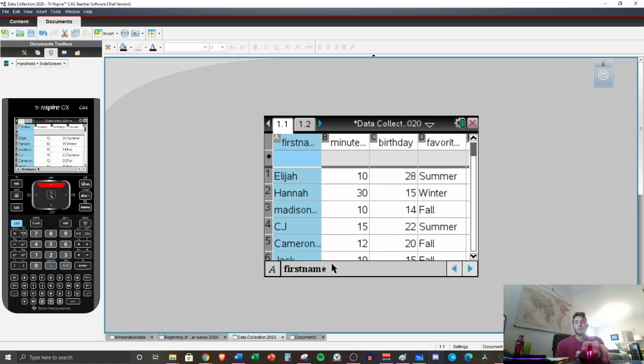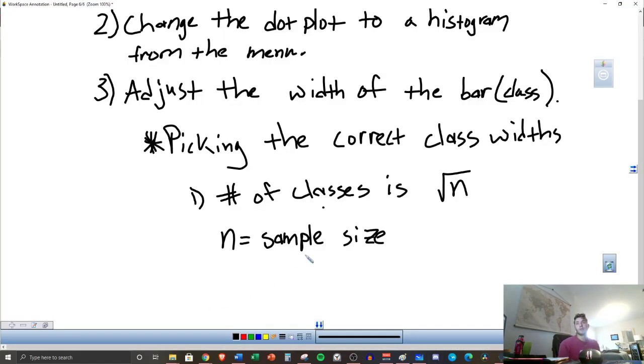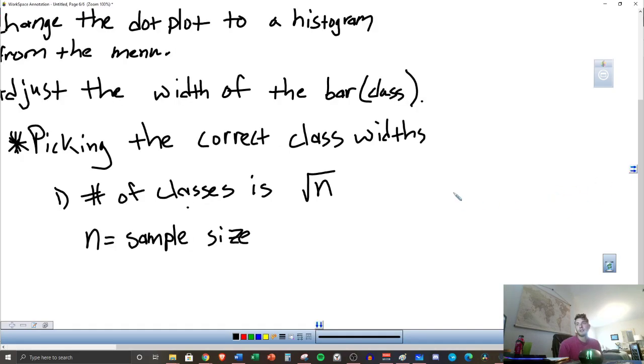Okay, so going back to our example, n equals 35, so we take the square root of that. What is the square root of 35? And we need to write down our rule here. We're going to say rounded.